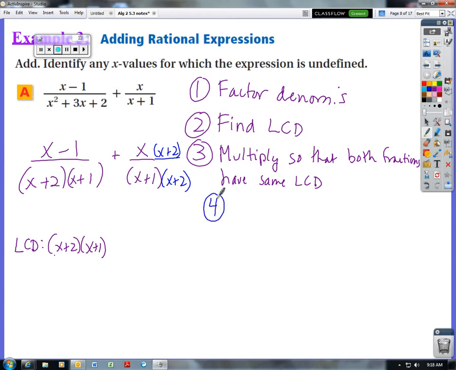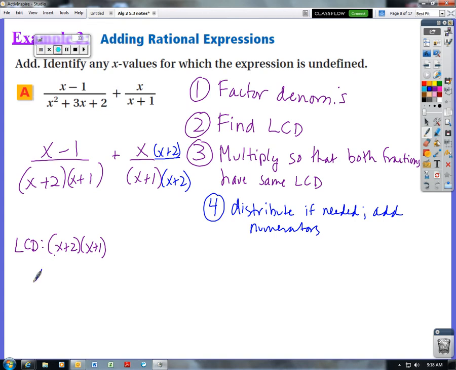Fourth step is you might have to distribute here, which I'm going to need to do. Distribute if needed, and then add the numerators. So I'll come down here.